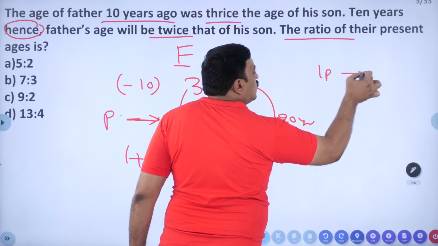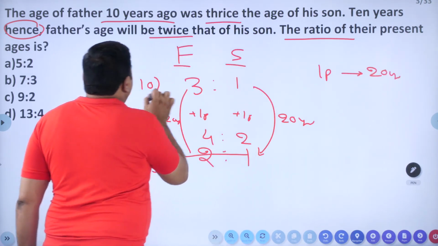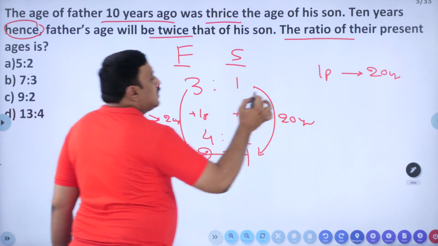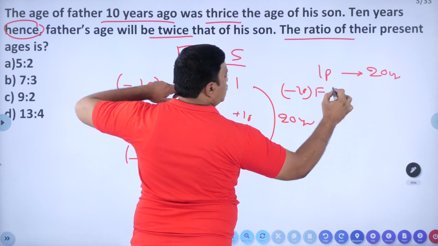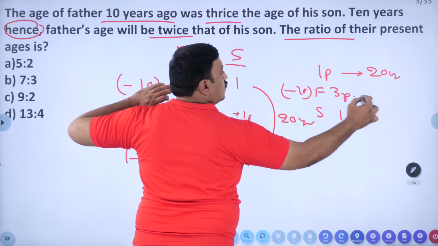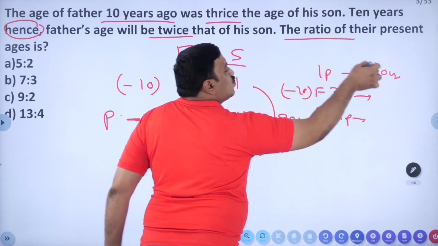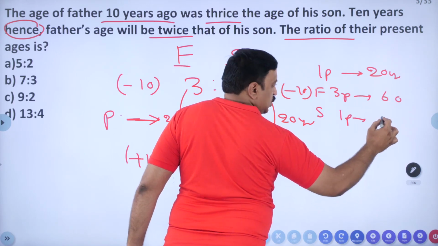One part we got in the ratio is 20 years. Then father 10 years back is how much? 3 parts. And son is how many parts? 1 part. So I can make 3 into 20, 60, and 1 into 20 is 20.